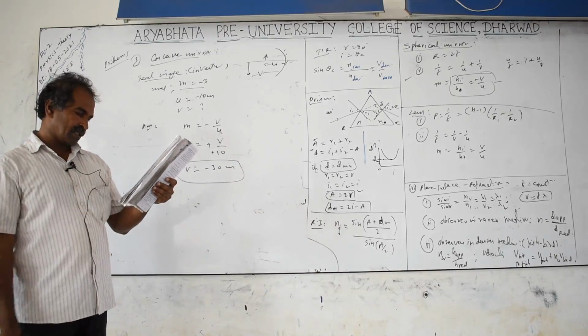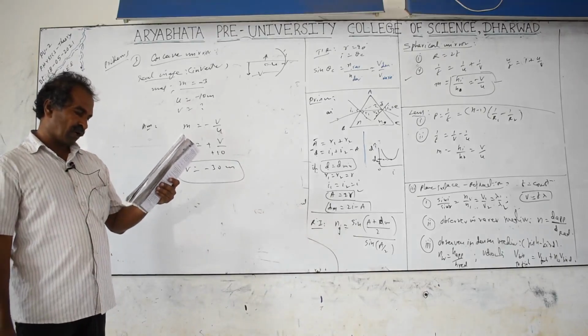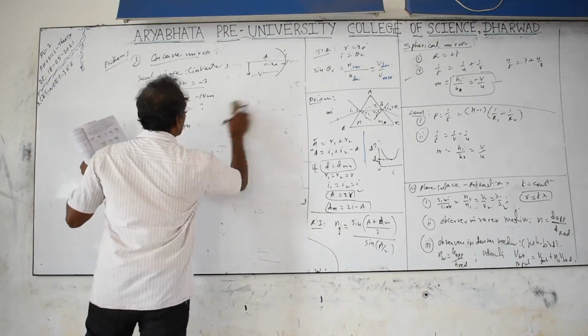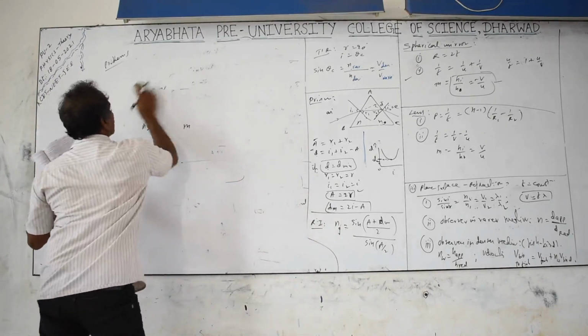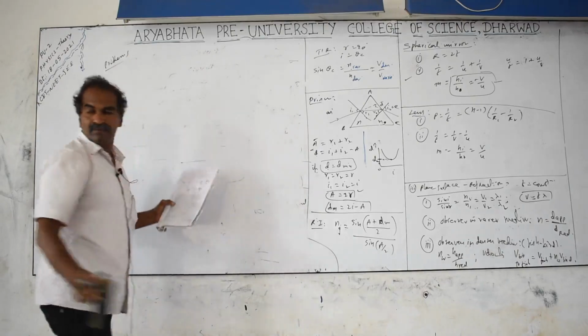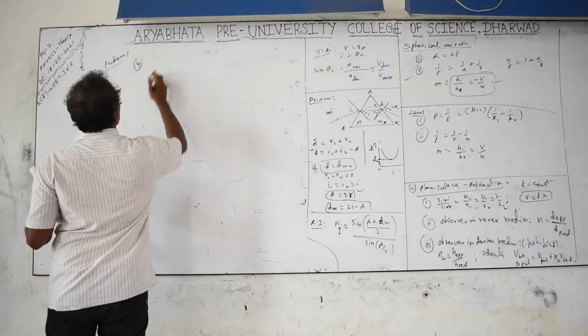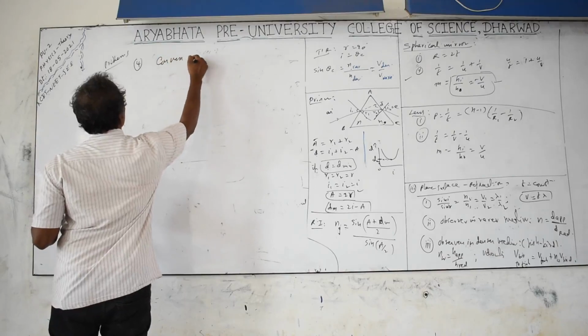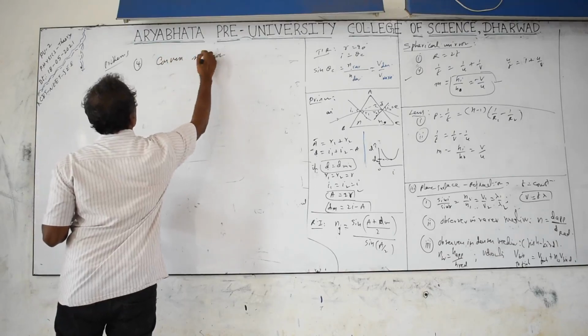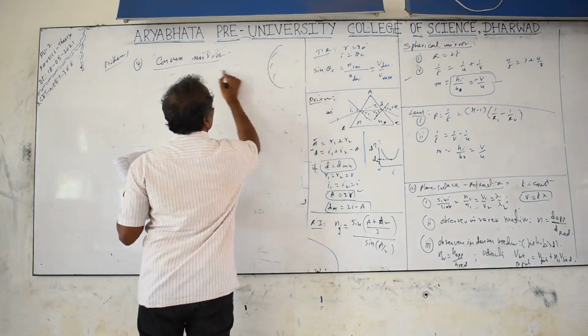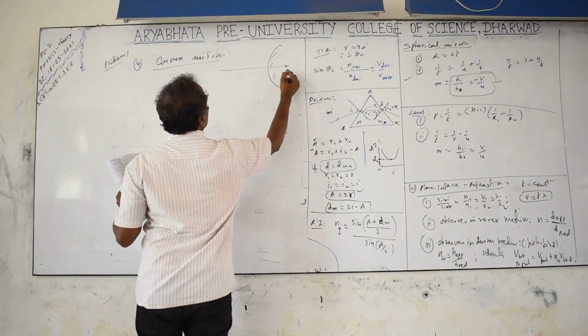Next is a problem for a convex mirror. For a convex mirror the focal length is on the right side, virtual ones.